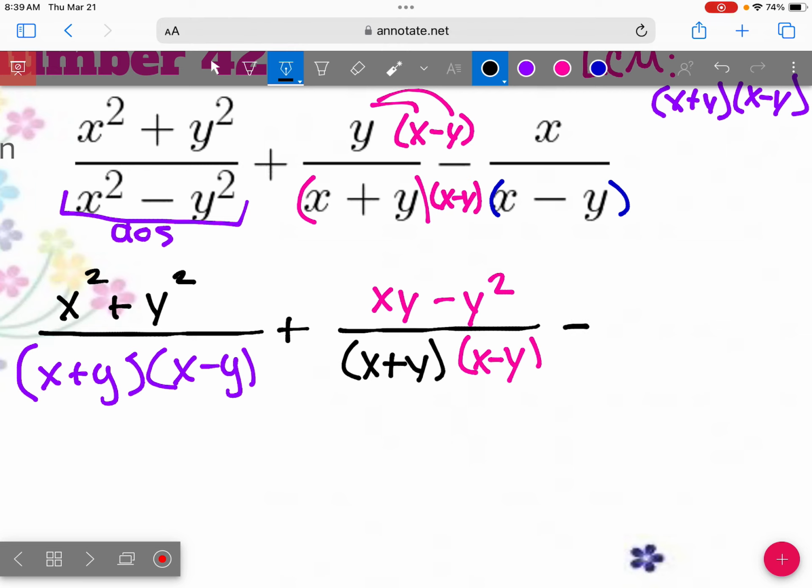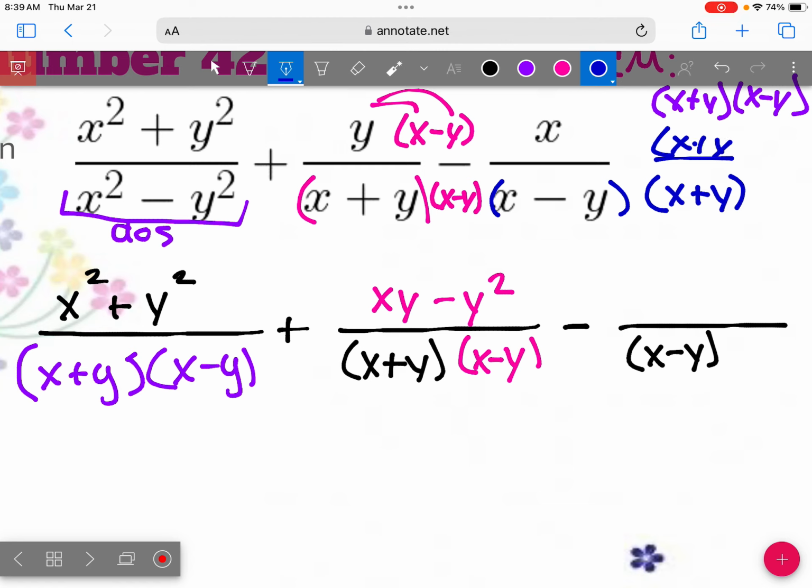Then we're going to put our subtraction piece, and we're going to aim to get this to that same common denominator. I've got x minus y already here, so we need to multiply this by that x plus y, that piece we're missing. So we're going to multiply that out to get our x squared plus xy. And we've got everything to common denominators. Questions on that step because it's very xy-y.